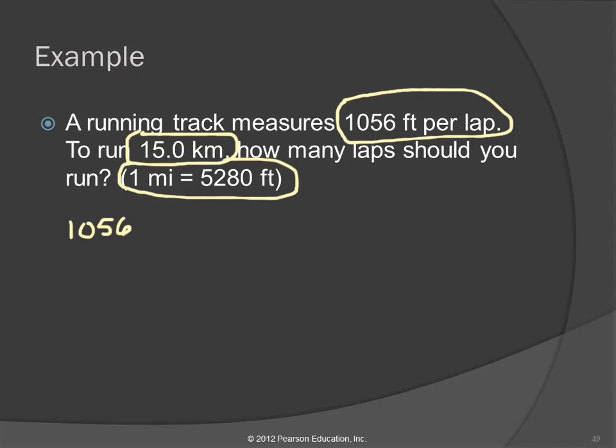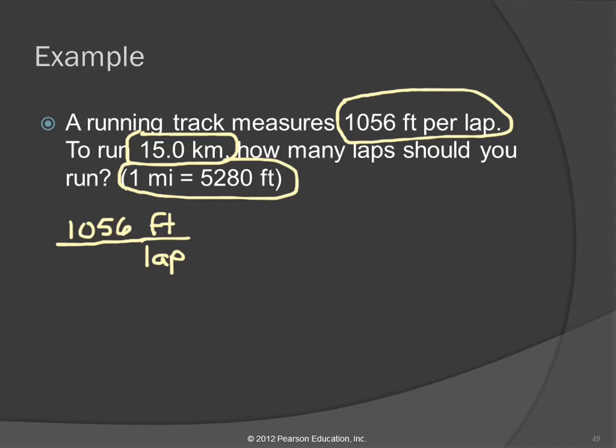Feet per lap. What this means is 1,056 feet per each lap of the track, right? So if it says feet per lap in words, you can write it this way, feet over lap. And you might as well just extend that line all the way through because it's the same thing.